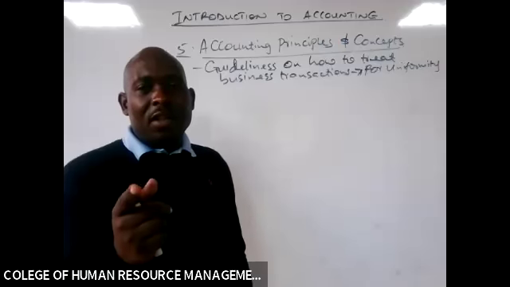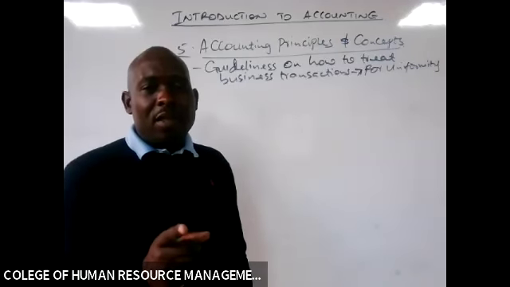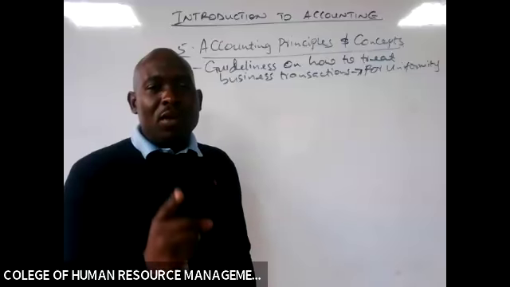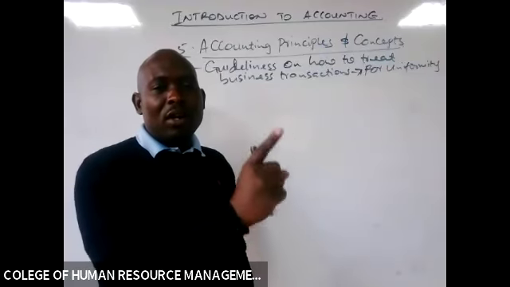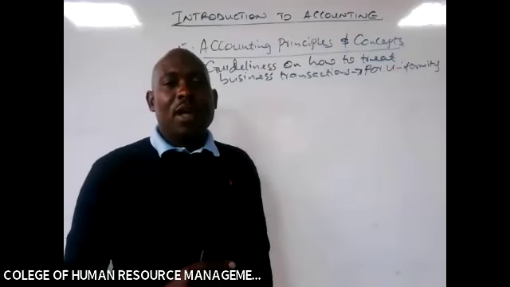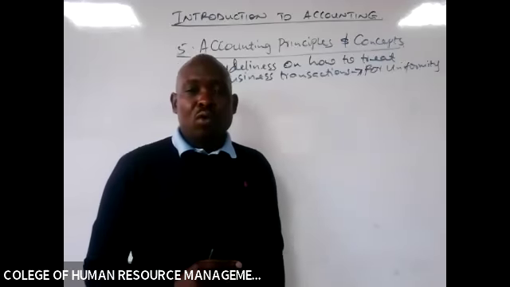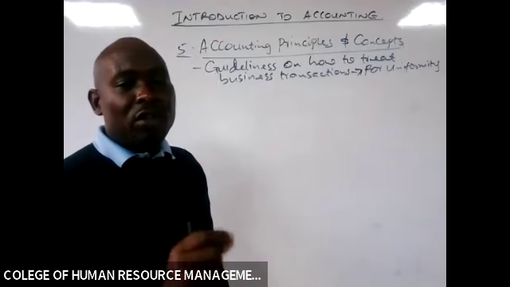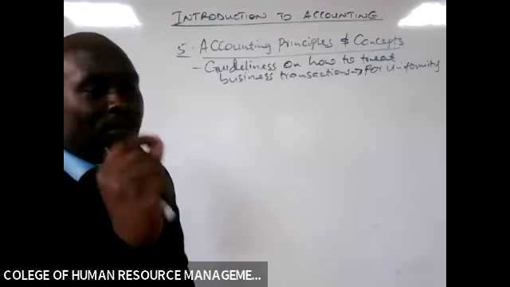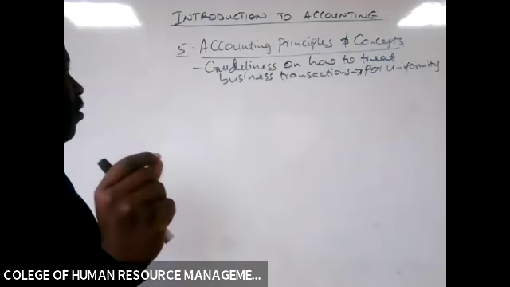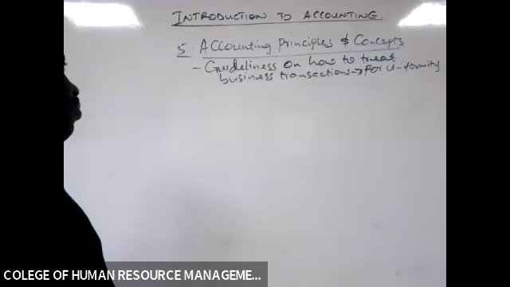Out of the 10, they pick 5 and tell you, explain the meaning of the following accounting principles and concepts. Then you should be able to explain them. So the accounting principles and concepts are as follows.